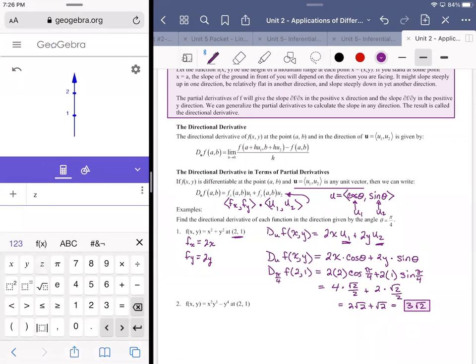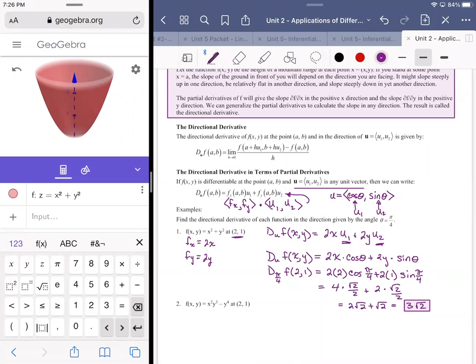So z equals x squared plus y squared. All right. So what I'll do is I'll just put in a z value, for example, of 1, z equals 1. Now, it's kind of hard to see.